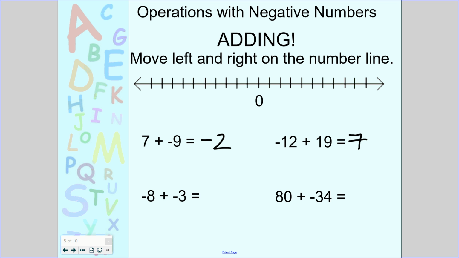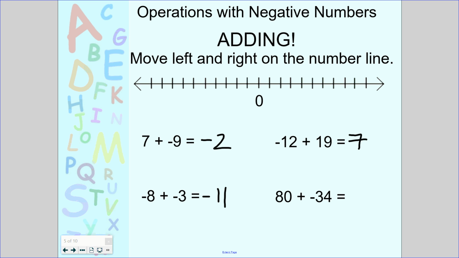Okay. If I have negative 8 and negative 3, we would move 8 to the left and then another 3 to the left. Where do I end up? Negative 11. Good. And then of course we can do it with bigger numbers. If I have 80 and negative 34, a little bit tougher, right? 80 to the right and then 34 to the left. 46.